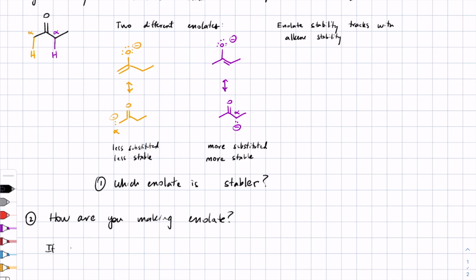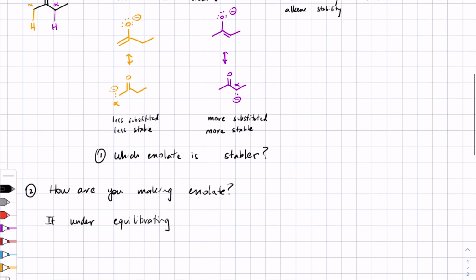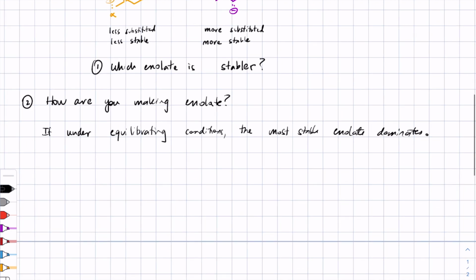If you're making the enolate under equilibrating or reversible conditions, the most stable enolate dominates. Full stop. Okay?